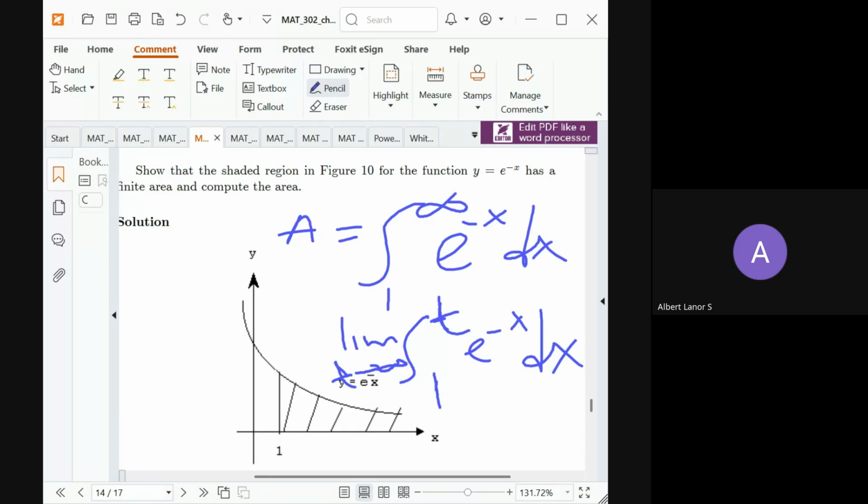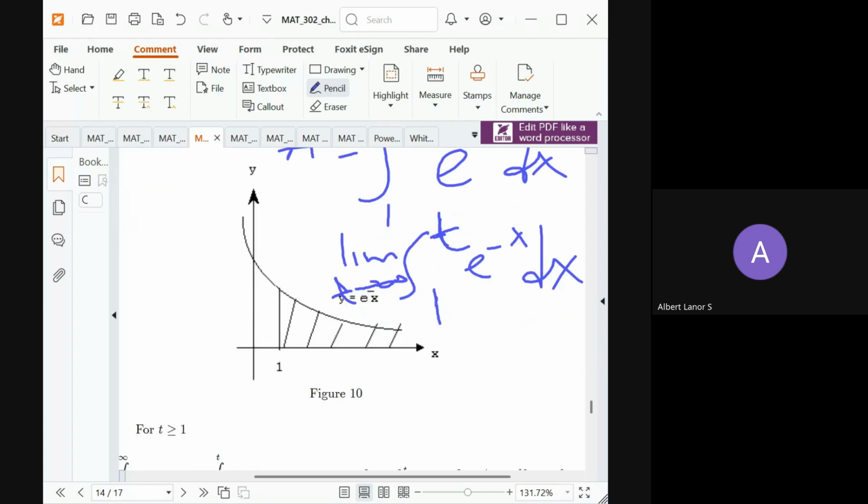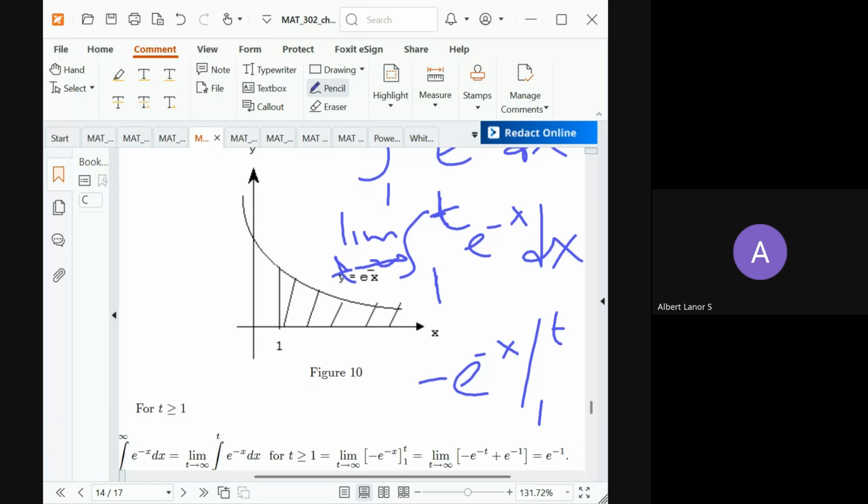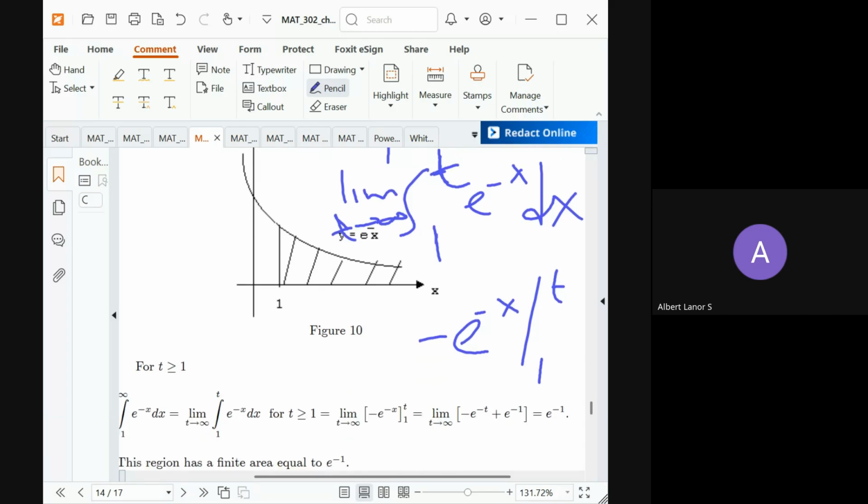All right, so that is it. Yes, so if you integrate this, you're going to have minus e^(-x) from 1 to t. So when you substitute, okay, it's all here, for t greater than or equal to 1.